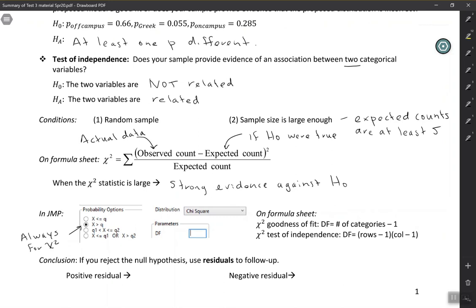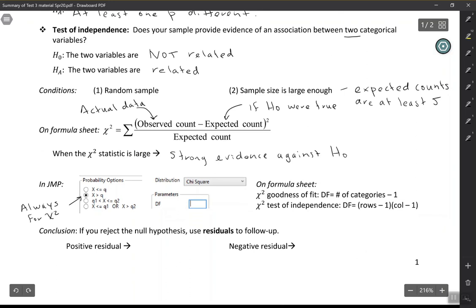And that's not always a satisfying conclusion because you might want to know which proportions are different. And that's where the residuals come in. Okay, so if you have a positive residual, that means that your observed count is greater than your expected count. Whereas if you have a negative residual, that means that the observed count is less than the expected count.